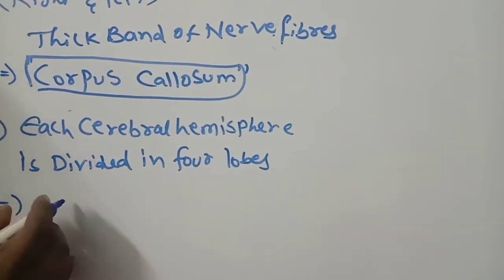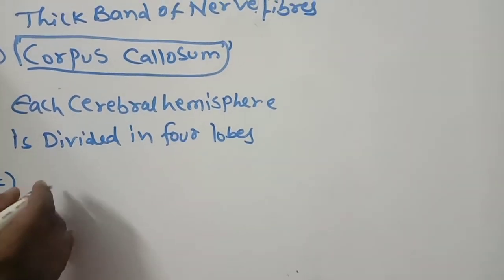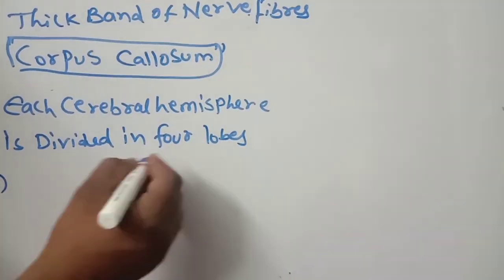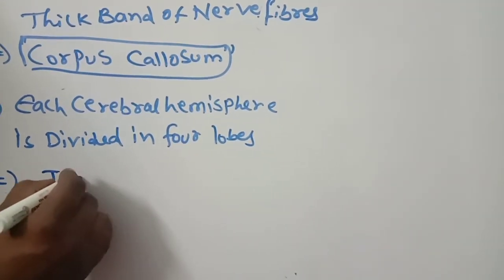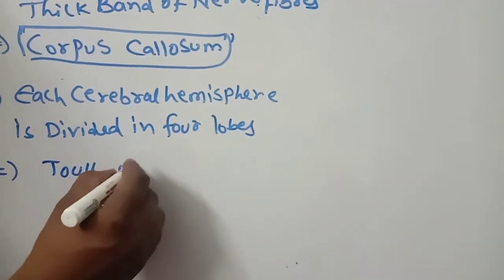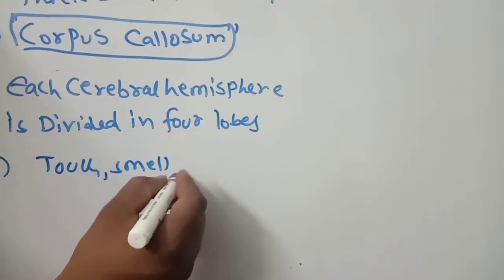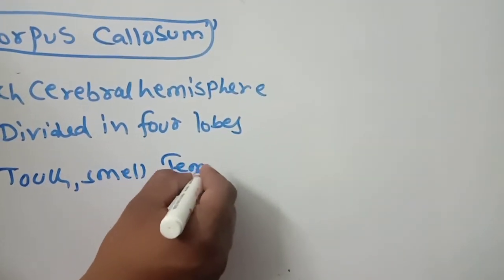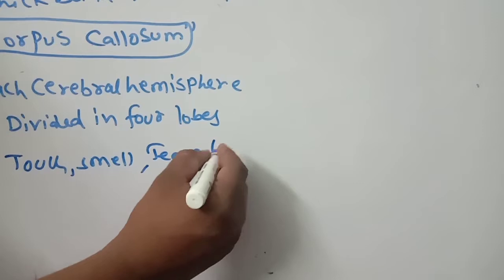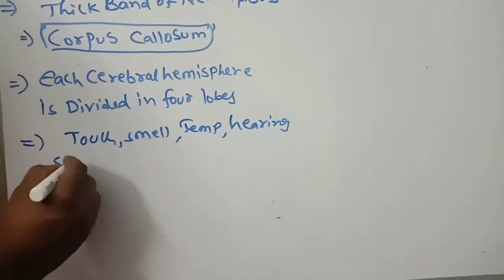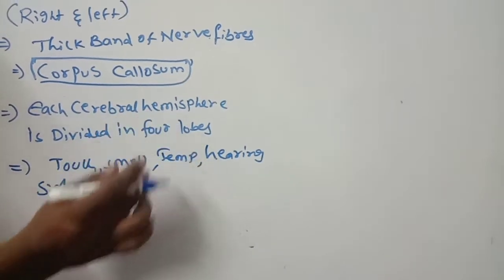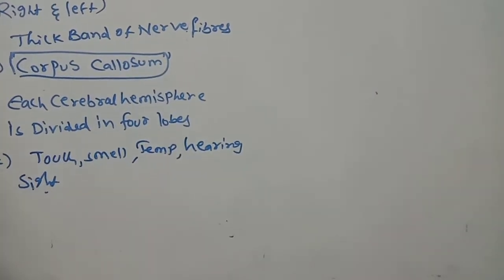These lobes control different activities, like touch, smell, temperature, hearing, and sight. These actions are under the control of those four lobes. What are those four lobes? Come on, I'm writing here.